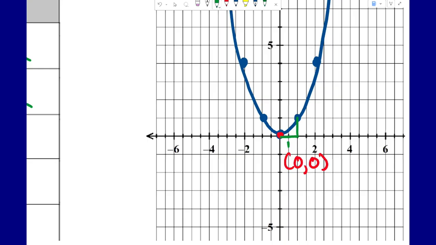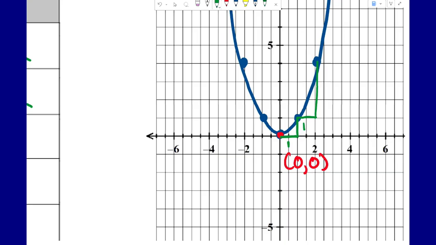So if I go over 1 unit, right, not necessarily 1 square, and I go up until I hit my graph, that was an increase of 1. I do the same thing, I go over 1 again and go up until I hit my graph.